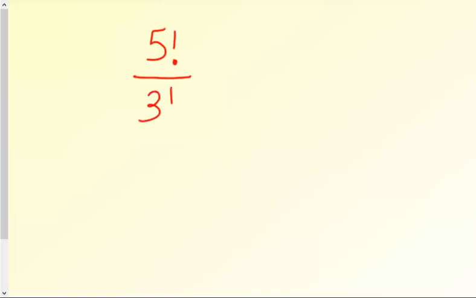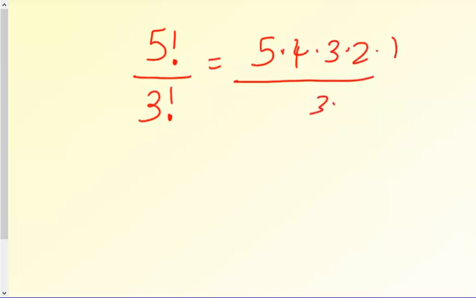So 5 factorial divided by 3 factorial is 5 times 4 times 3 times 2 times 1 over 3 times 2 times 1, and just in a way that we can speed that calculation up and do it in our heads without having to use our calculator, because you'll notice that there's a lot of repetition there. Divide through by 3, divide through by 2, and divide the numerator and the denominator through by 1, and that leaves you with 5 times 4, so that's 20.